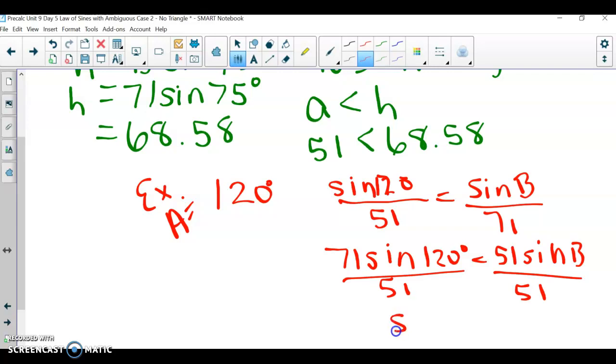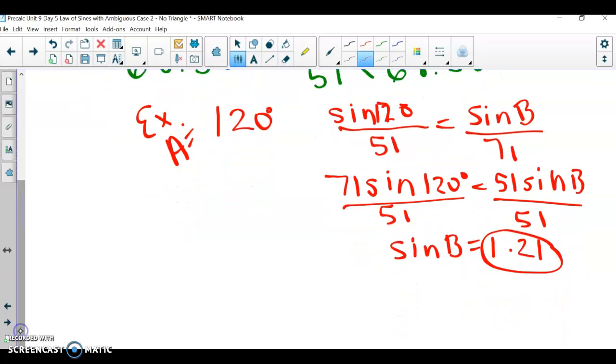I get that the sine of B has to be 1.21. And when this value is greater than 1, you will see that if I do the inverse of 1.21, I'm going to get an error.